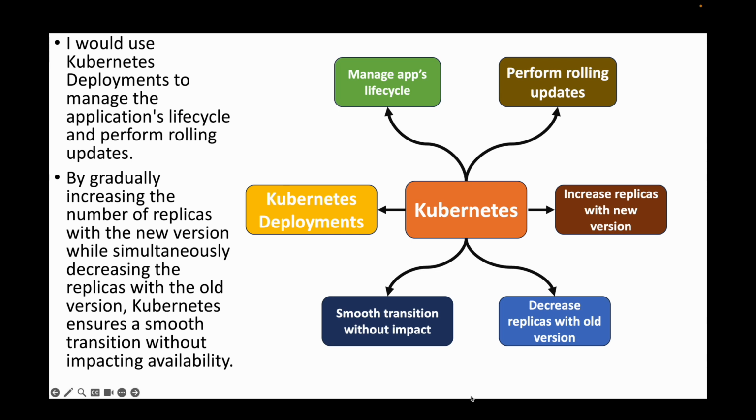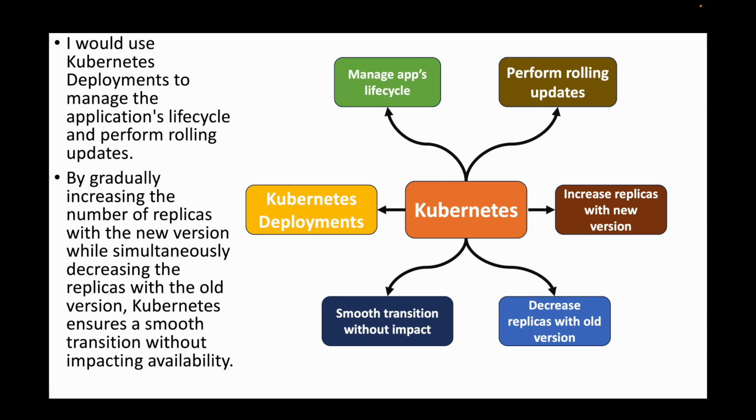Basically, we will create a deployment where we increase the number of pod replicas pointing to the newer version, and simultaneously decrease the replicas pointing to the older version. That way, we are smoothly transitioning to the newer version without any impact on the availability of the application.